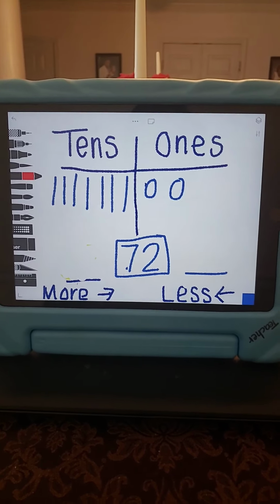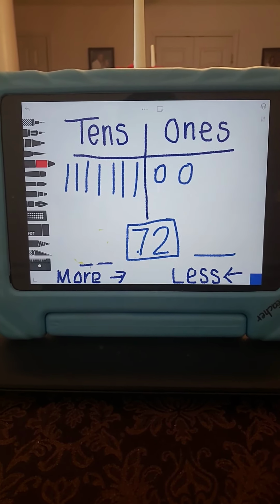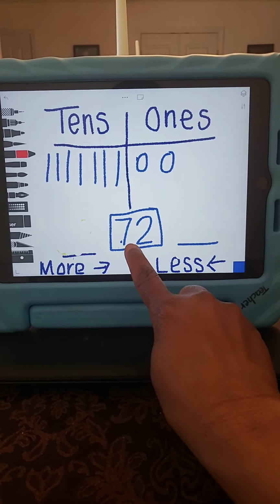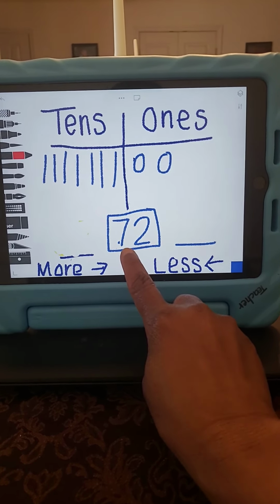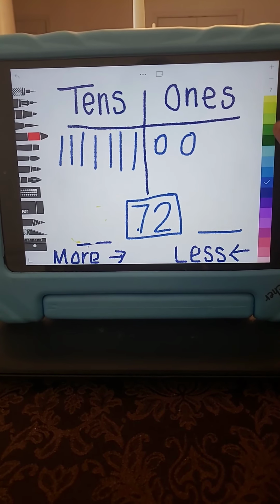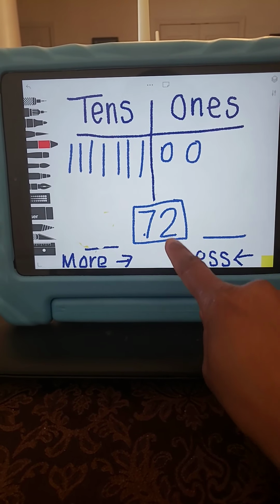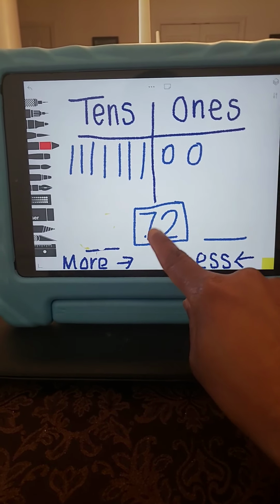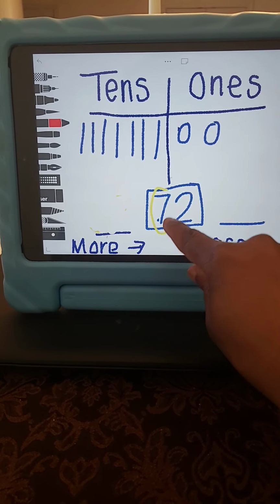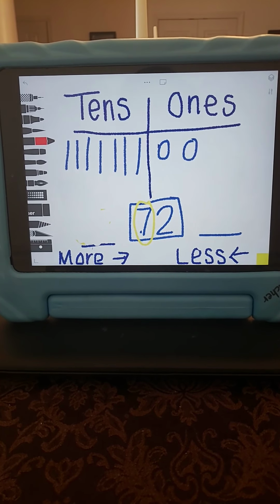All right, but we're not done. We need to see how many more. We're going to do 10 more and 10 less. So because we said 10 more, we don't need to even look at our ones. Remember which number is the tens, boys and girls? The first one is the tens. So I'm going to circle that. That means the tens number is the only number that's going to change.